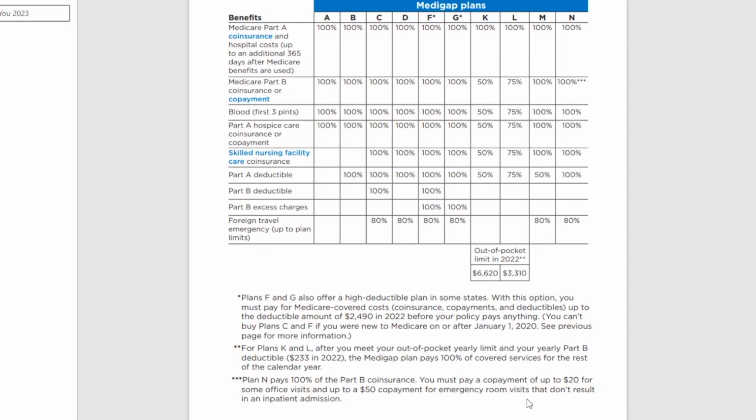So that is the difference between Plan G and Plan N. Plan N can have some copayments, Plan G no copayments, and Plan G will cover the Part B excess charges. Go ahead and study this chart, okay, before you sit with your clients if you want to sell Medicare supplements. Alrighty, guys, so we looked at the Medicare Part A and B.